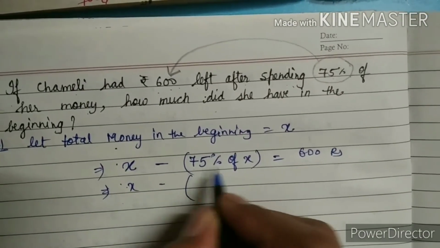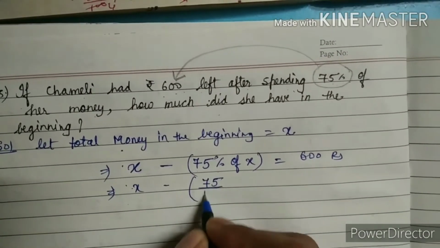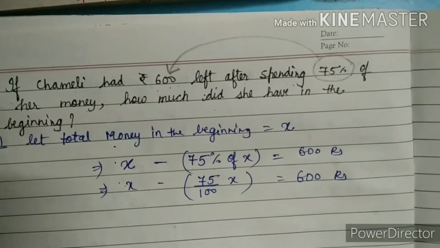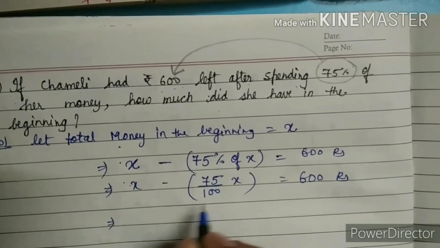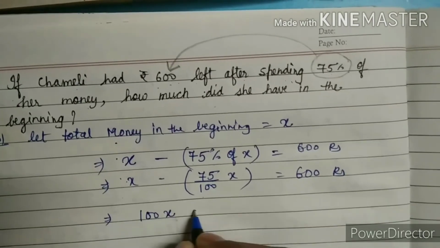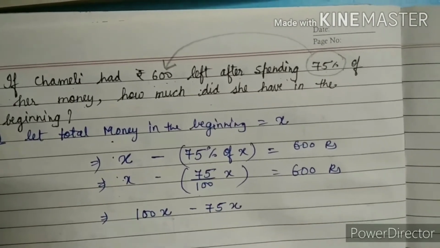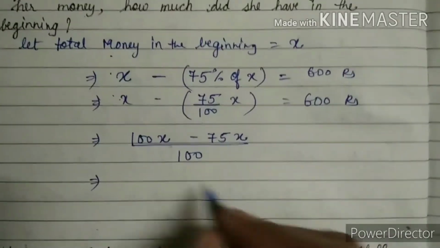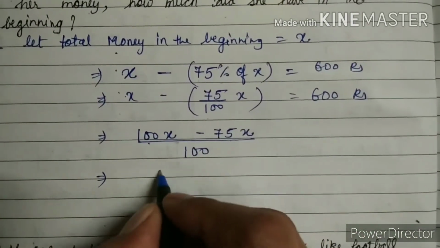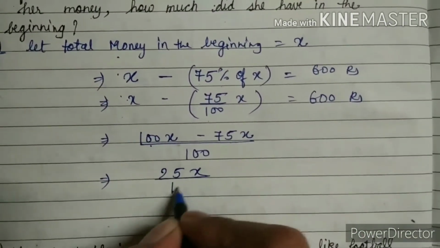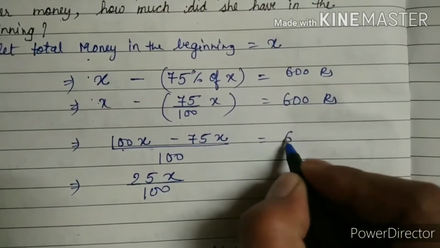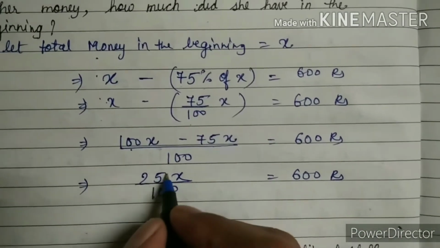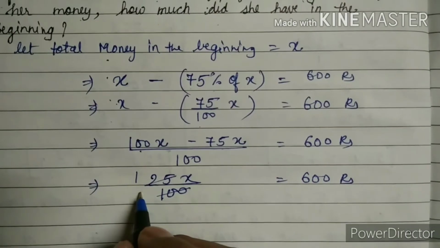So as you can see, X is the total. We will remove the percentage symbol of 75. So 75 by 100, X as it is, 600 rupees as it is. This 100 will go near to X. So 100 into X is 100X minus 75X, and here is 100. That is 25X divided by 100, and in front of that 600 rupees. 25 1s are 25, 25 4s are 100.